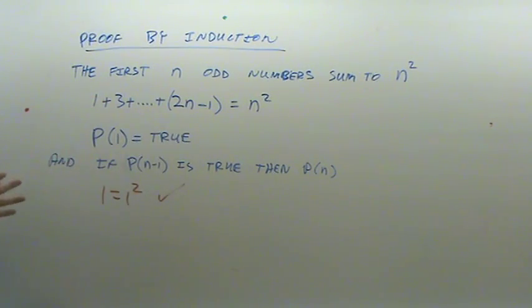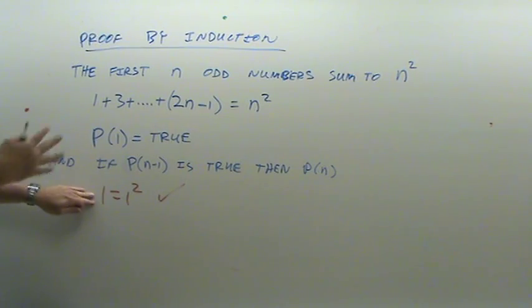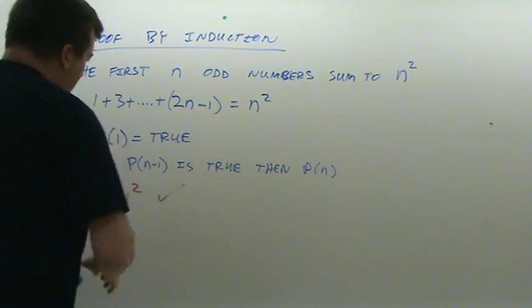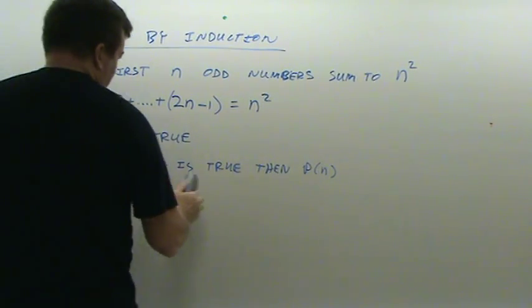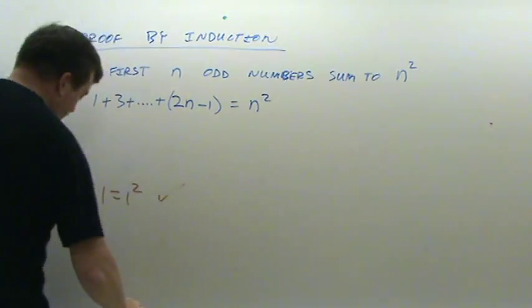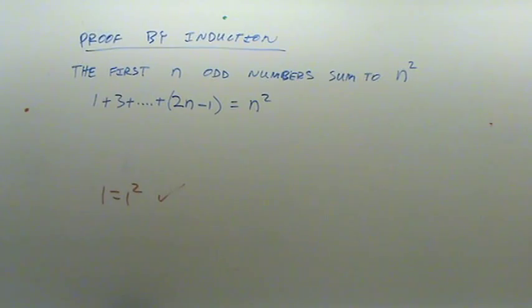If we could show that there's a pattern that if it's true for any number, it's always true for the very next number, and if it's true for the first one, we've really shown it's true for all numbers. So, can we show that if it's true for one number, it's true for the very next number?